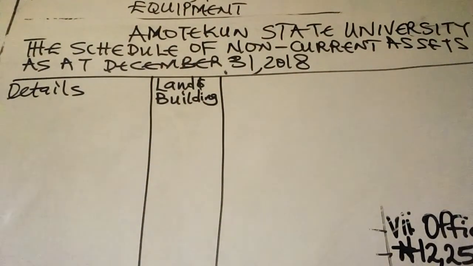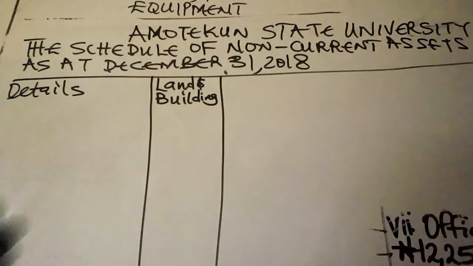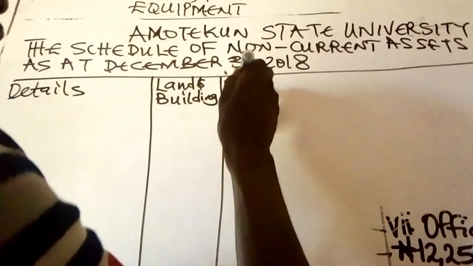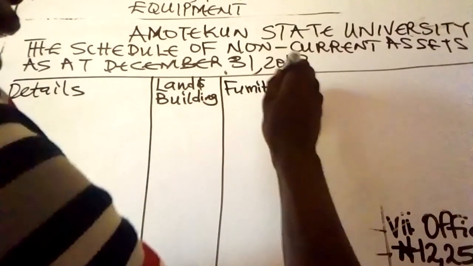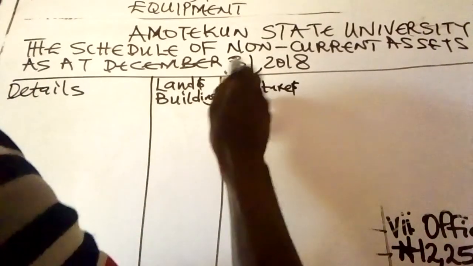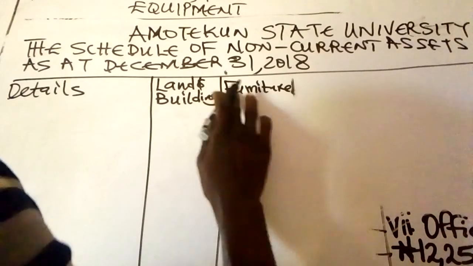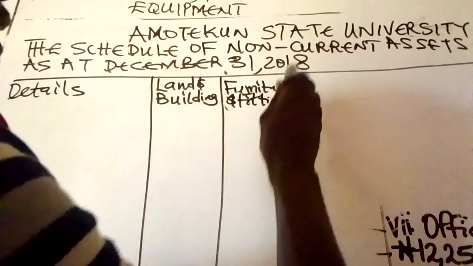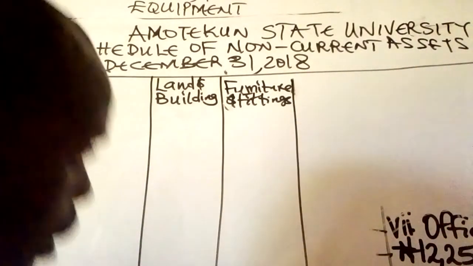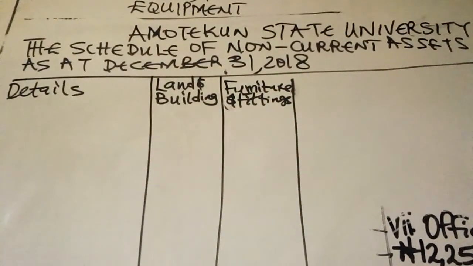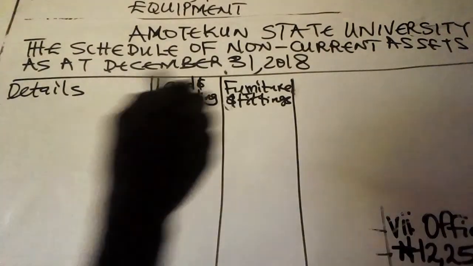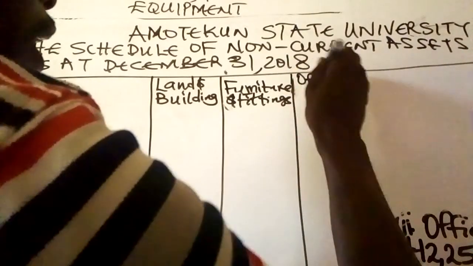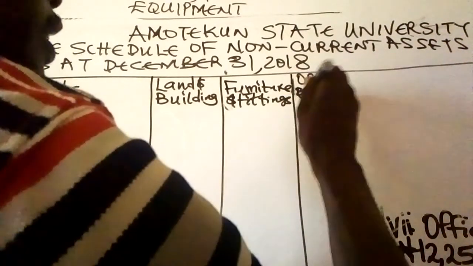The second one is furniture and fittings. The third one is office equipment.